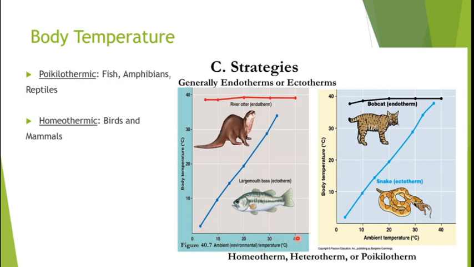So when the temperature of the environment goes up, the temperature of the body goes up. That's why these animals, for example, have to sunbathe, or others depend completely on the temperature of the environment, like for example the water, to maintain it constant.